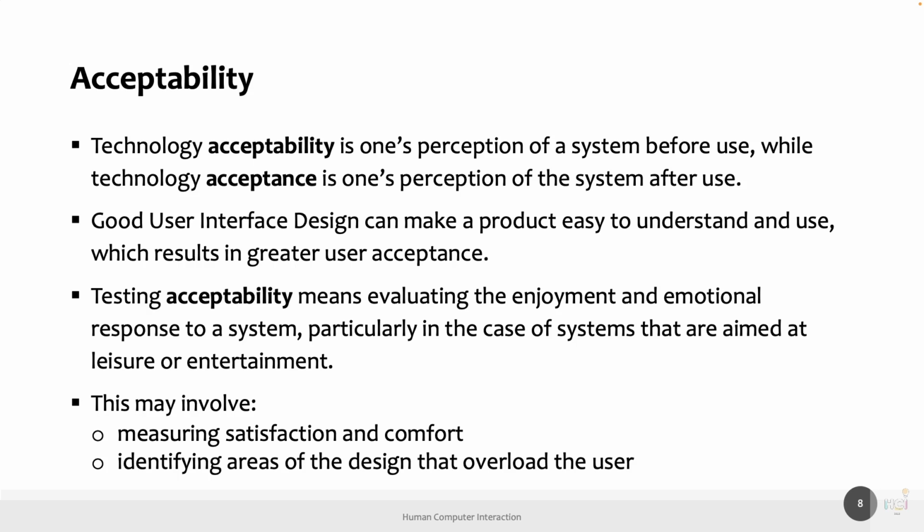So we will see also some design patterns in a next lecture, and we will also learn that this kind of design patterns can also become dark patterns, so patterns that are deliberately adopted by a company against the user. And one of the patterns that is really related to this identifying areas of the design that overload the user is the usage of guilty pleasure recommendations.